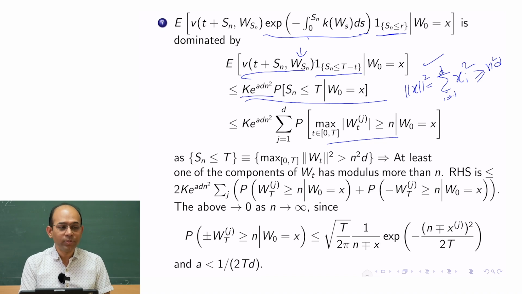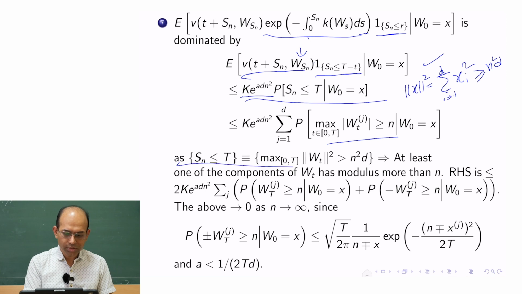And then that probability would be upper bounded by the sum of the probabilities of each term being more than or equal to n. Because at least one, it is like a union, correct? The probability of a union of events is less than or equal to the sum of the probabilities. So we are using that. So the sum over j equal to 1 to d of the probability that the maximum of the Brownian motion between 0 and capital T is more than or equal to n.